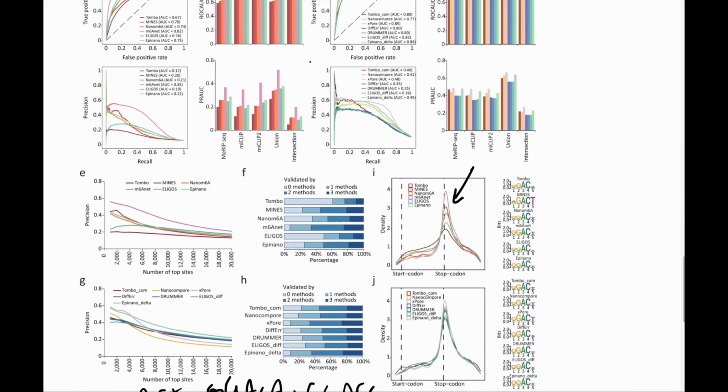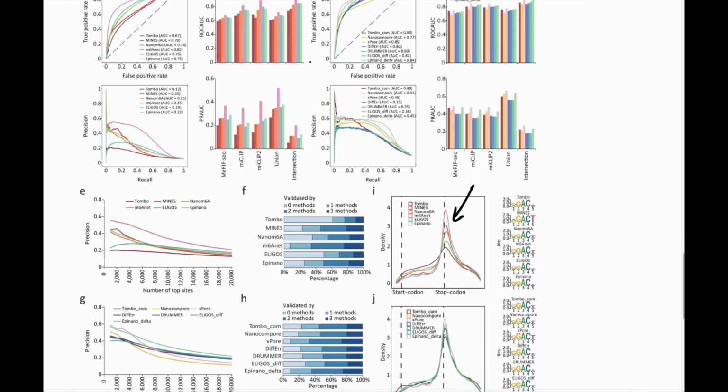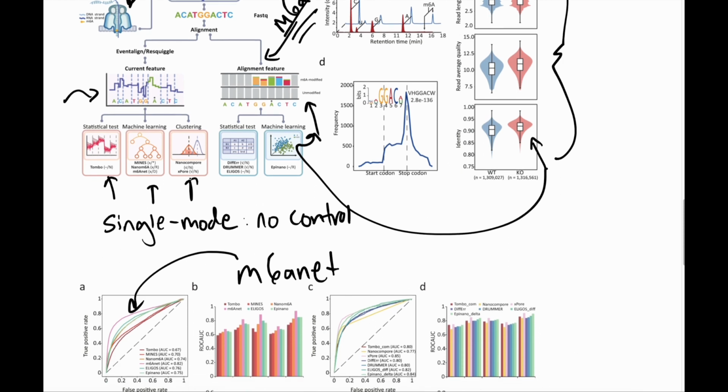They also performed this analysis with a second published dataset utilizing plant samples, and ultimately all of the tools performed worse, but especially tools that relied on machine learning algorithms, so especially m6a net and MINES.